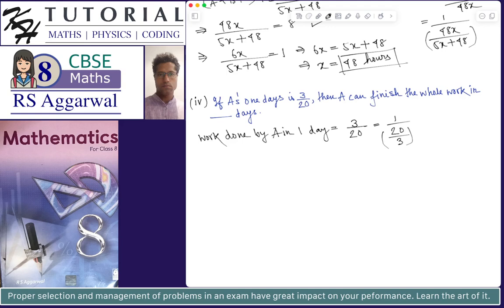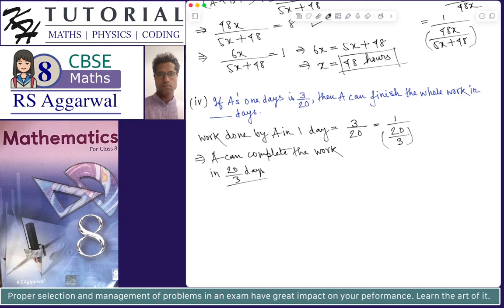Now from the rule, if in 1 day the work done is 1 by n, we know that the total work will be done in n days. So from the fact that work done by A in 1 day is 1 by 20 by 3, this implies A can complete the whole work in 20 by 3 days.